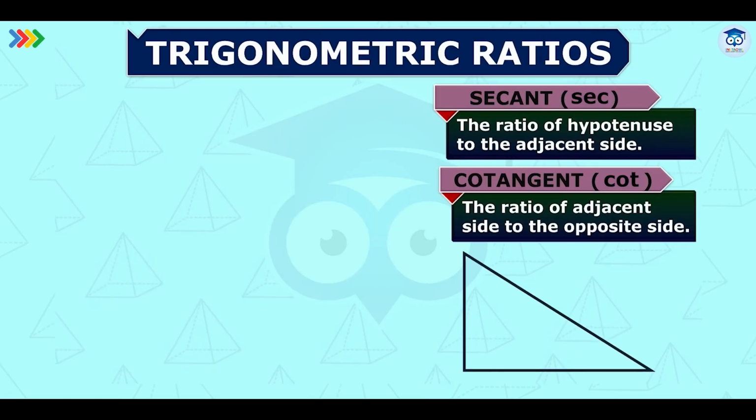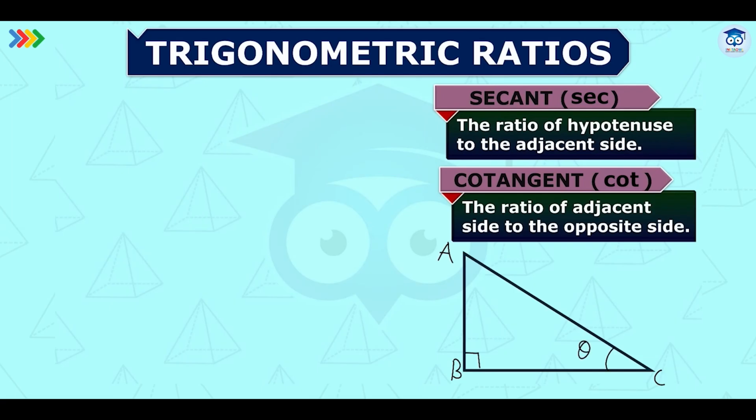Next we have the trigonometric ratio secant. We have secant as the ratio of hypotenuse to the adjacent side. And the cotangent, that is cot, is the ratio of the adjacent side to the opposite side. Let's see with this triangle. Let's name this triangle A, B, C, with angle B as 90 degrees, and consider this as theta.